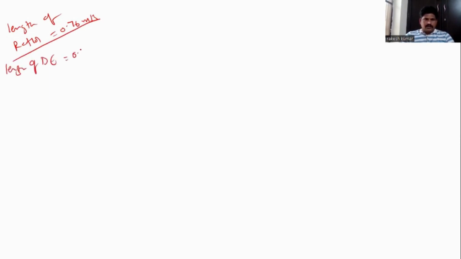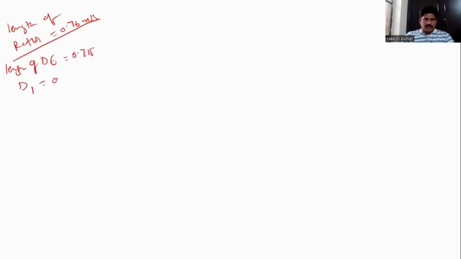Summarize this in the diagram. Okay, so now tell me, what is the length of the reflector? Length of reflector is equal to 0.76 meters. Okay, next. Length of driven element is equal to 0.715 meter.